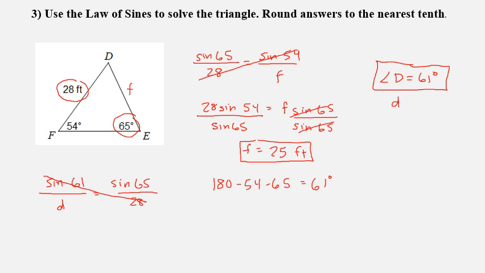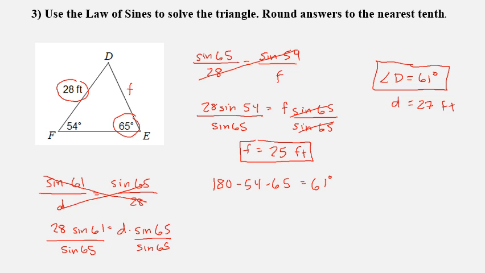So 28 sine 61 equals d times the sine of 65, and then divide off the sine of 65. Okay, so we type that in the calculator and we get 27.02, so 27.0 feet. Okay, so we've solved for the whole triangle, all the missing pieces.